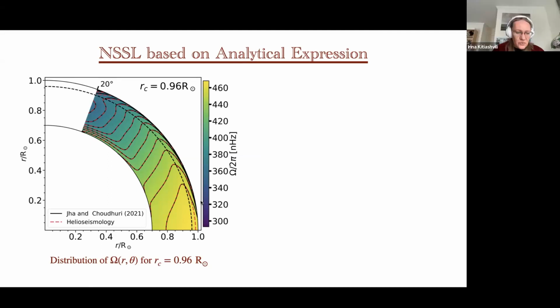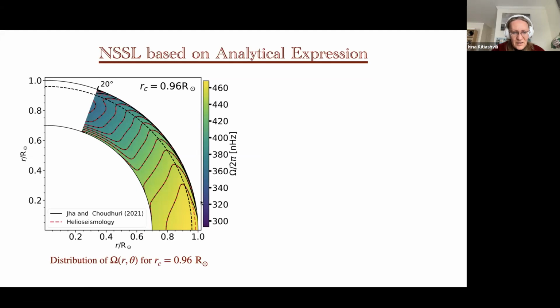Yeah, thank you very much for the very interesting presentation. My question is about your matching with observations published by Rust in 2008. My concern is that you are comparing a layer at 0.96 solar radius, but in the paper they actually analyze continuum intensity or something like this.